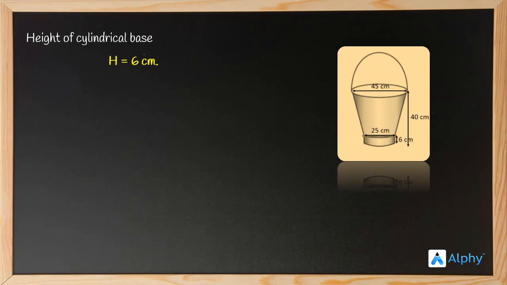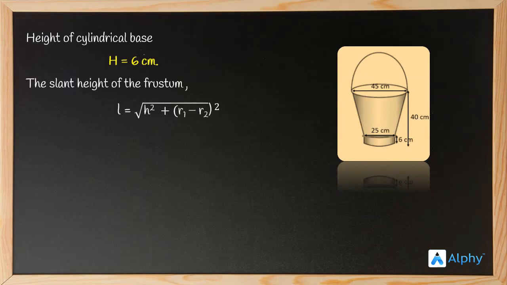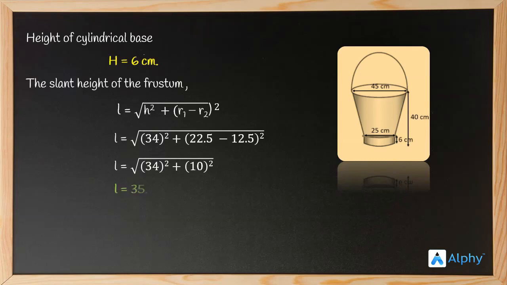And we are also required to find the slant height. So, the slant height of the frustum is L equal to square root of h square plus (R1 minus R2) square. By putting all these values, we get the slant height L equal to 35.44 centimeters.